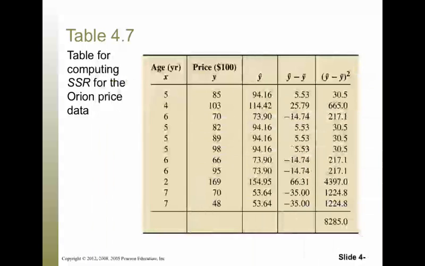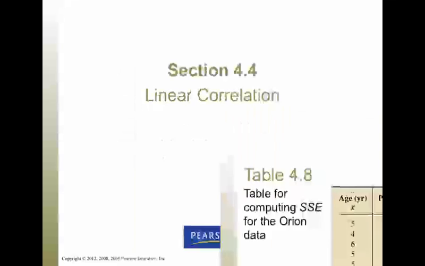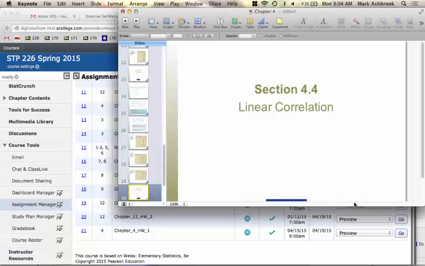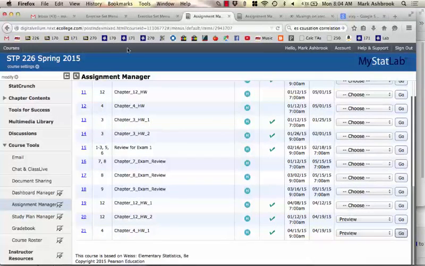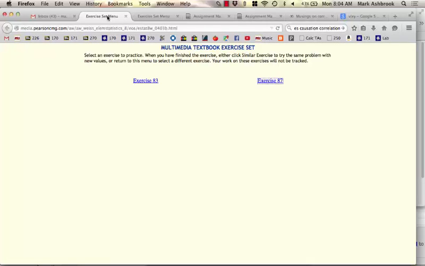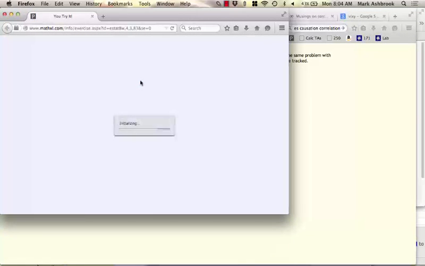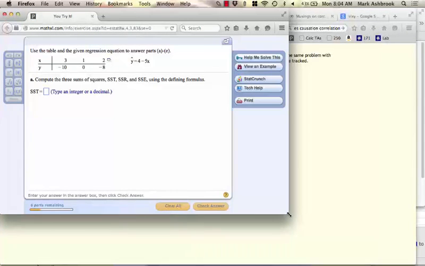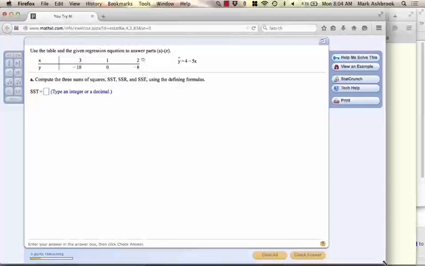Okay, so let's look at an example. So here's regression.